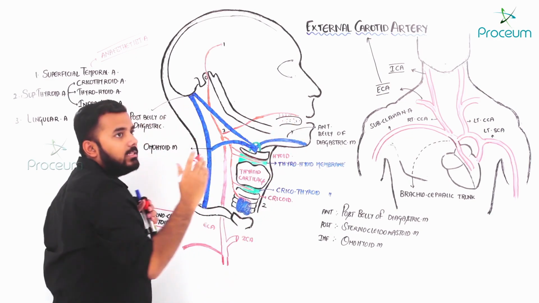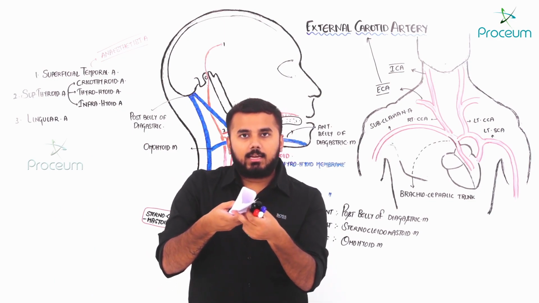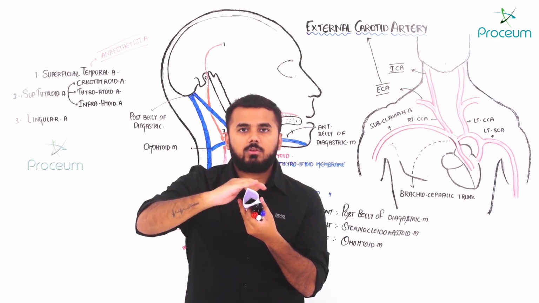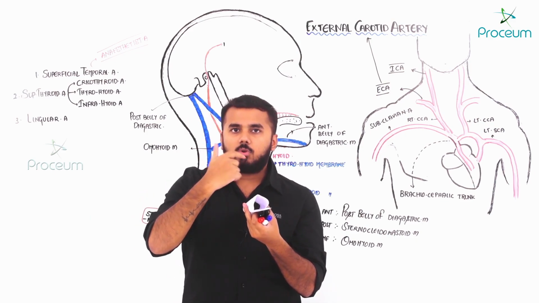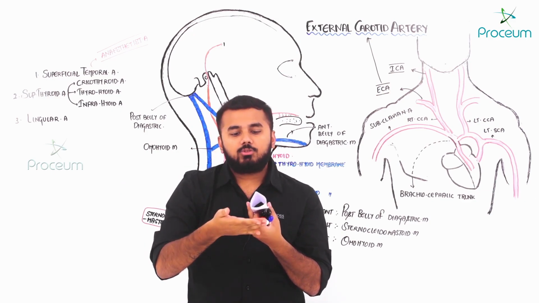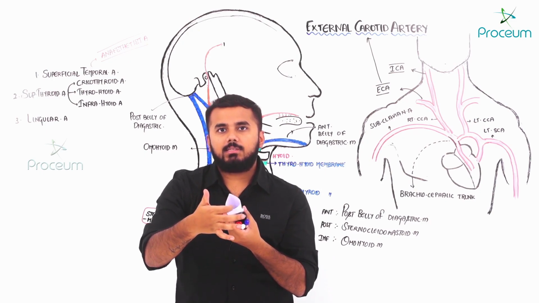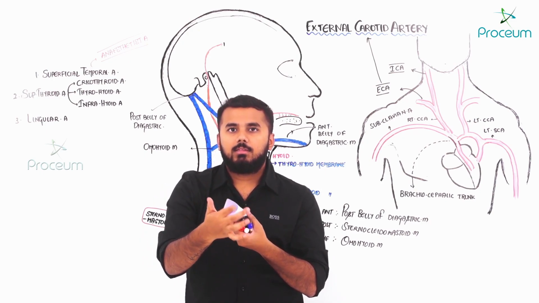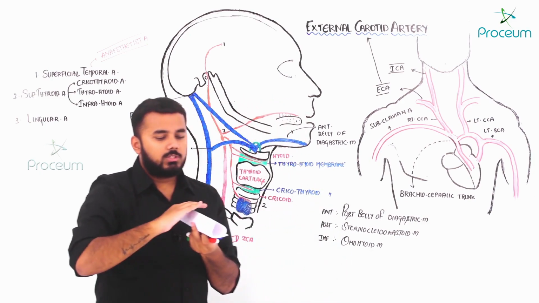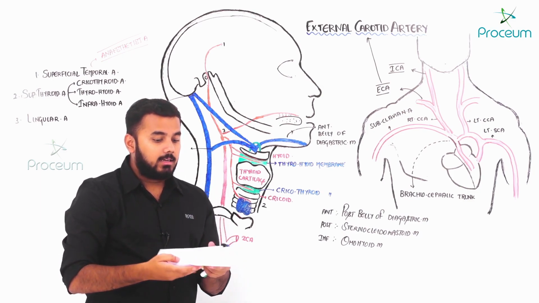Let us say that this is the tongue region. On the surface of the tongue, whatever you can see here is called the dorsal surface of the tongue. If I lift the tongue, this is called the ventral surface of the tongue. And this entire hollow space is covered up with the tongue muscle. So this will be your dorsal surface, this will be your ventral surface, and this is the tongue muscle.